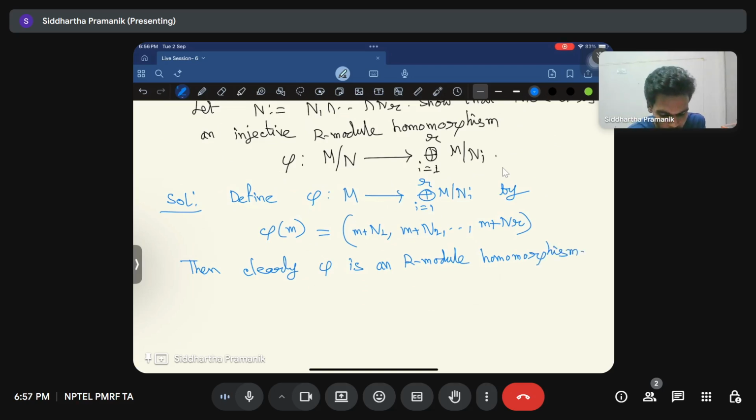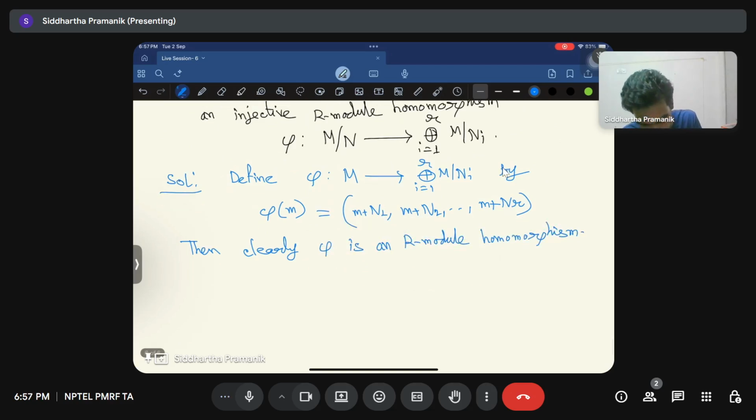Now, what about the kernel of phi? So kernel of phi is basically all those elements of the domain which are mapping to the zero element. So this is the set of all those elements m of M such that phi of m is mapping to 0. Here 0 means the 0 tuple.